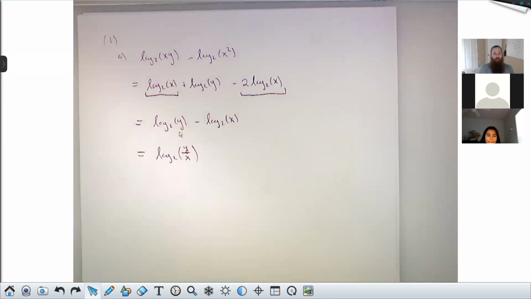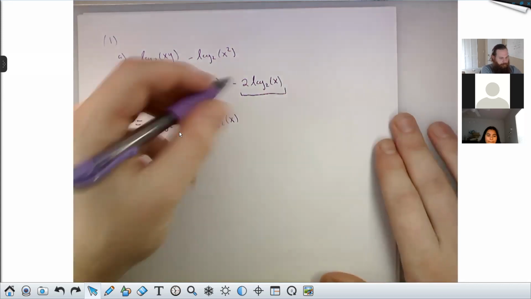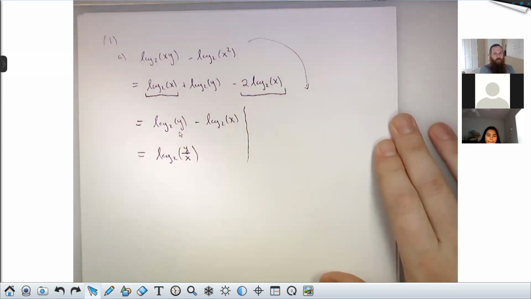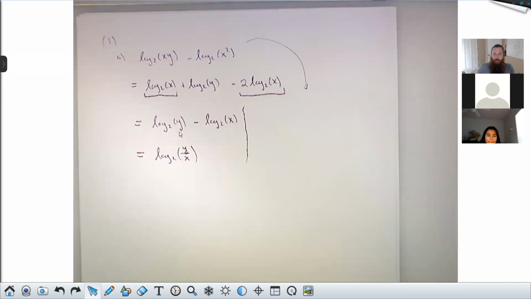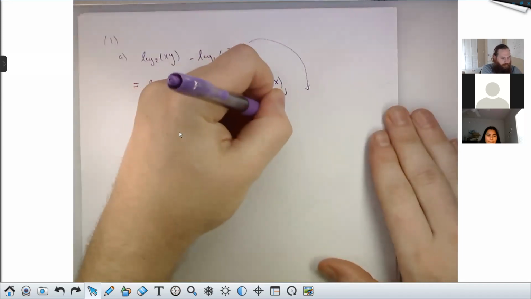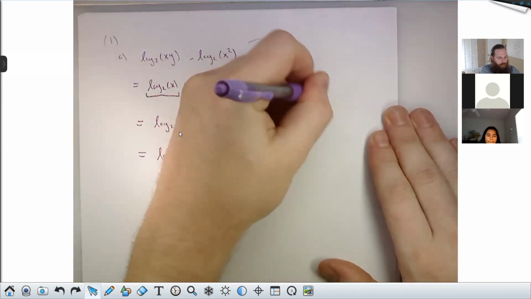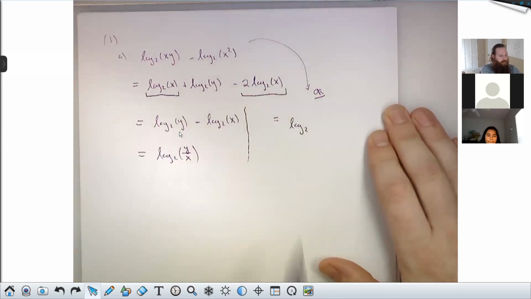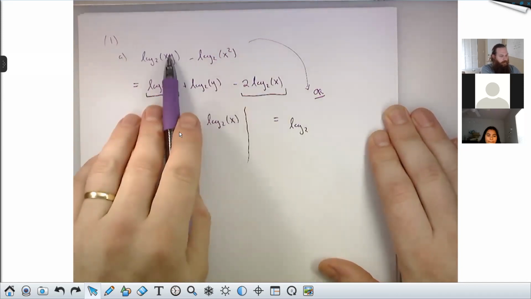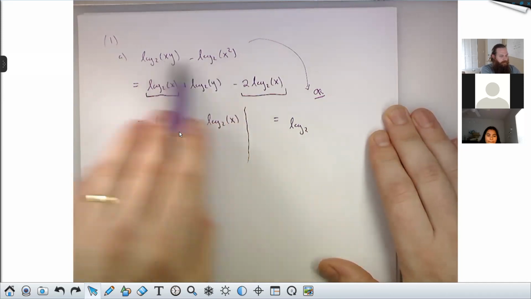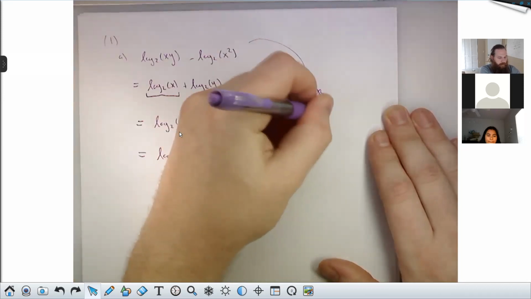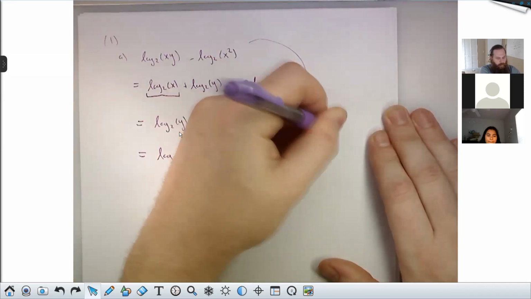There is another way to get there. Right from the start, rather than expanding and combining like terms, I could combine and say the original expression is equal to one logarithm base 2, because here I've got a log of one thing minus a log of another thing, and the bases are the same. xy divided by x squared.